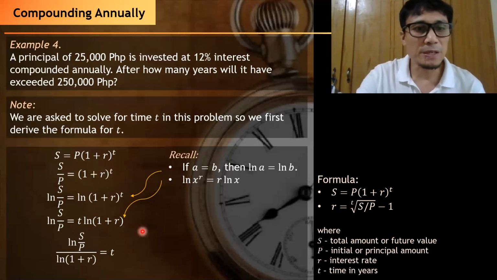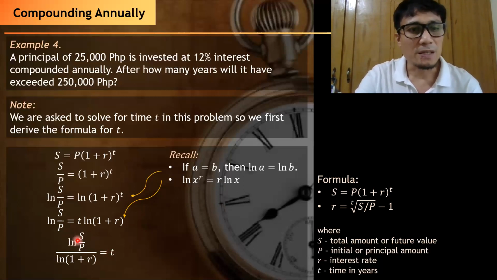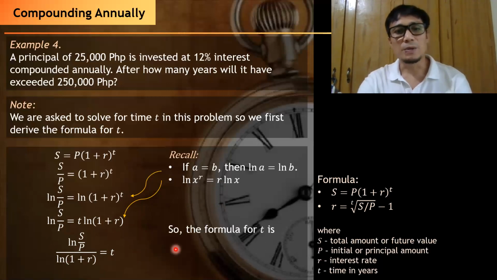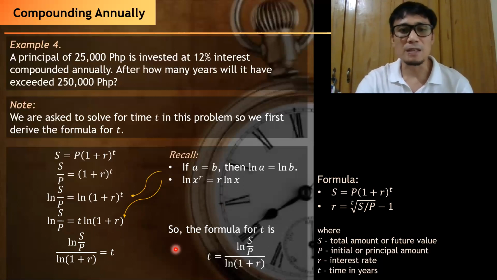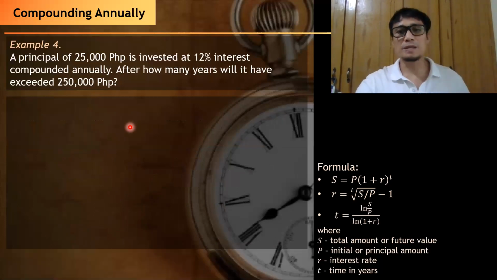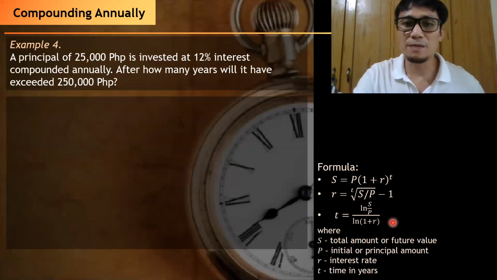And therefore, your t is equal to ln of S over P divided by ln of 1 plus r. So therefore, the formula for t is given by this expression. And we're going to use this to solve this problem. So we have the formula now for t.